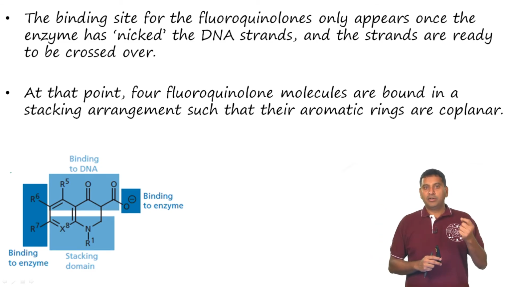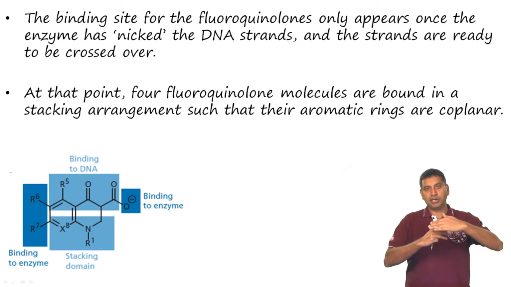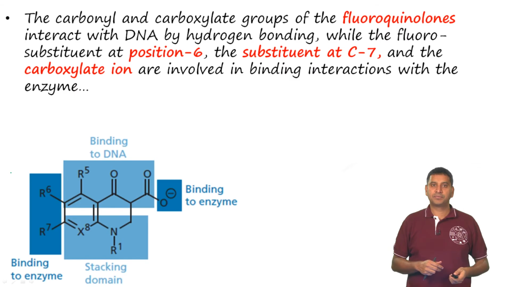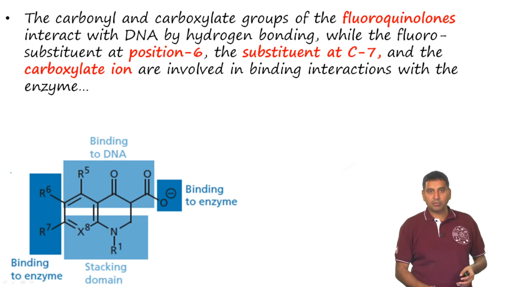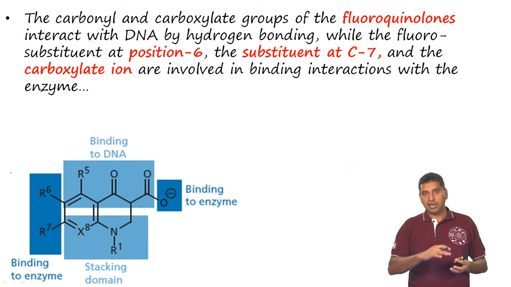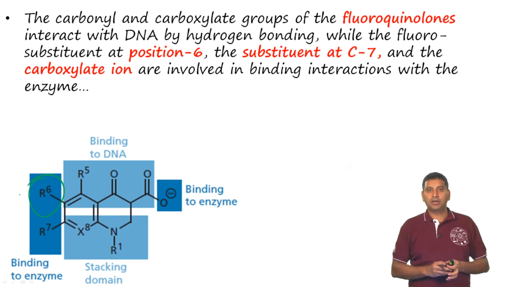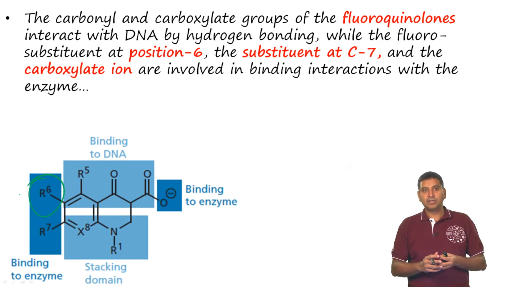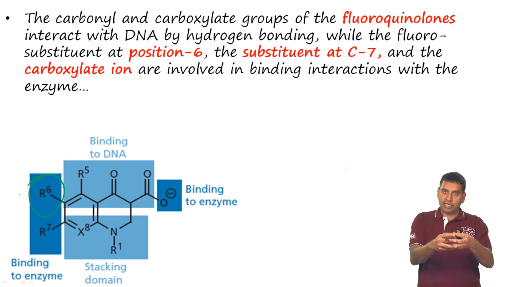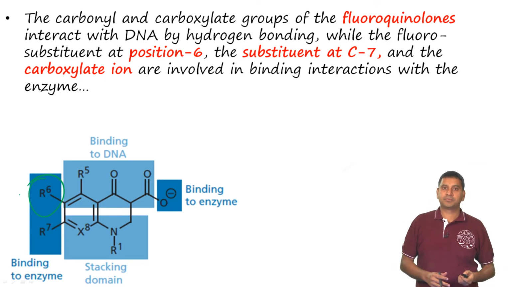At this point, 4 fluoroquinolone molecules are bound in a stacking arrangement such that aromatic rings are coplanar. The carbonyl and the carboxylate groups of fluoroquinolones interact with DNA by hydrogen bonding, while the fluoro substituent over here in position 6 and the substituent at C7 and the carboxylate are involved in binding interactions with the enzyme. Together, it prevents the enzyme DNA complex.